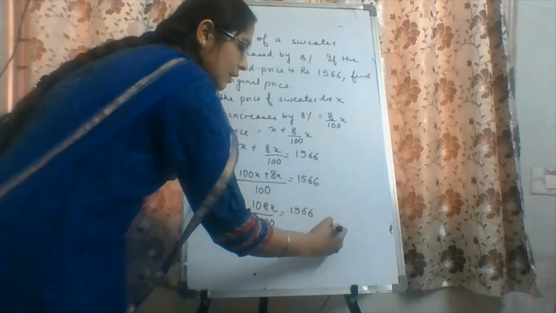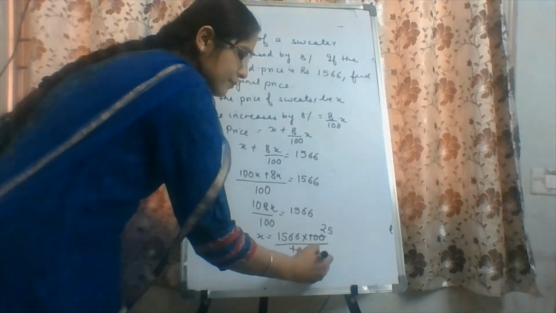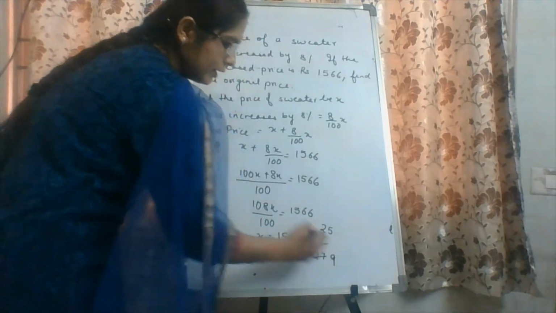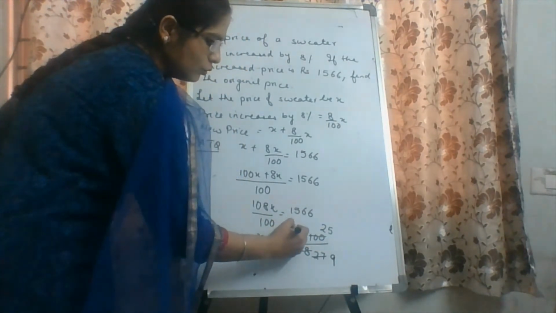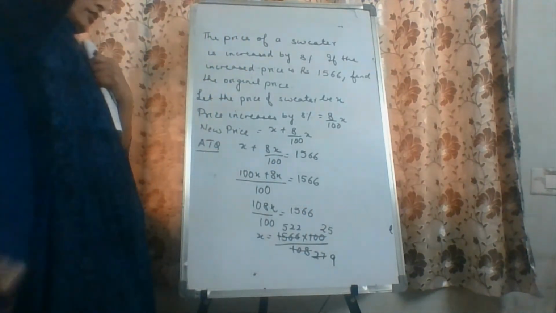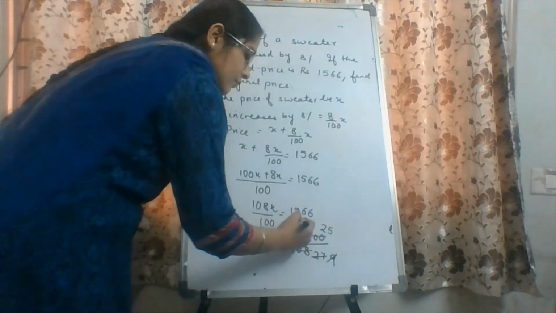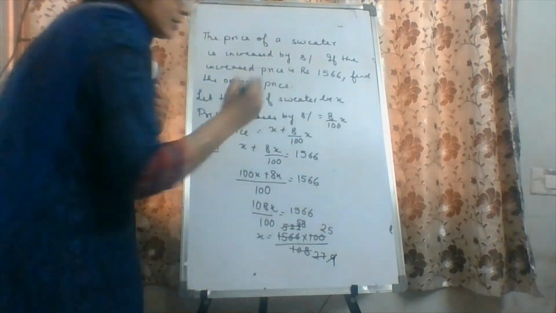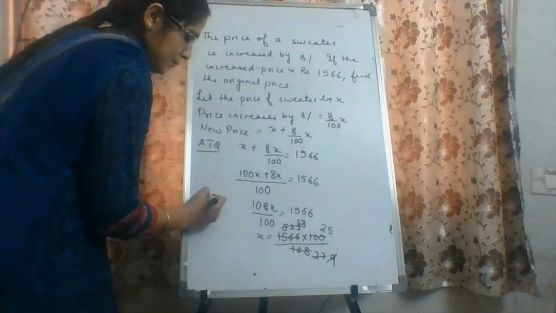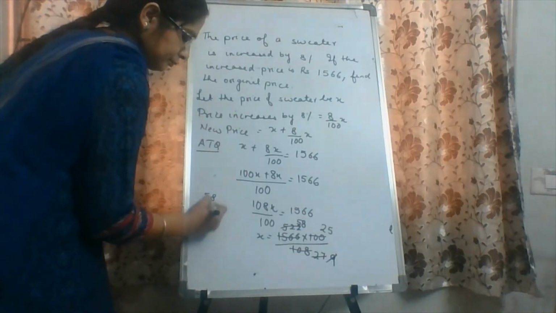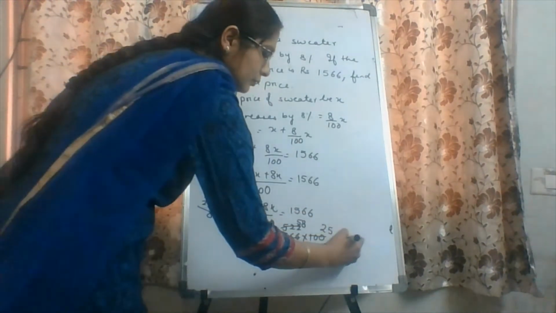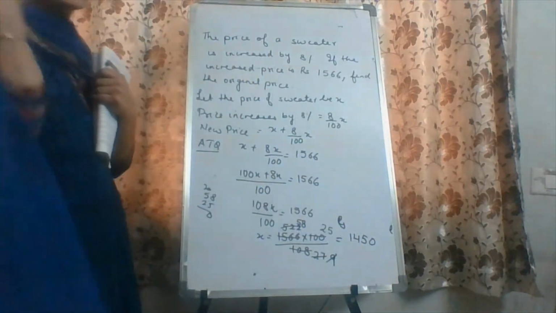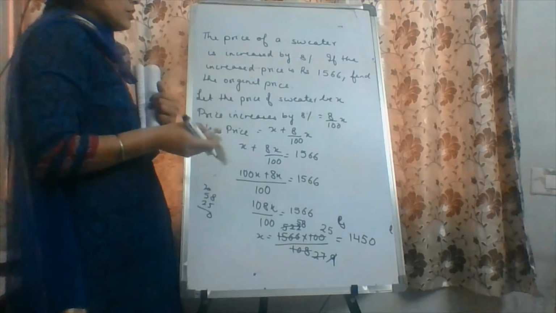Multiplying by 25, we get 1450. 1450 was the original price of the sweater.